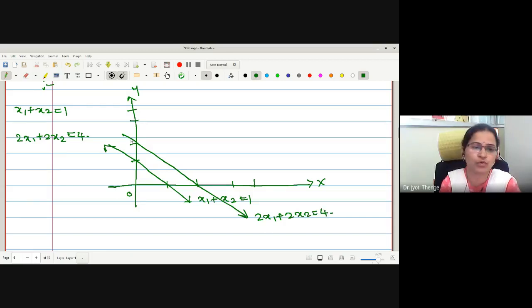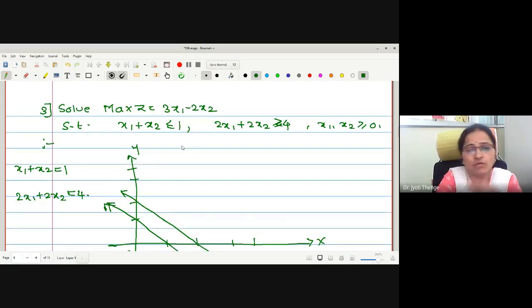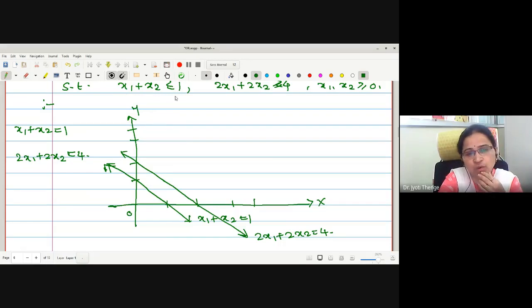Now, what will be the common region of both the inequalities? For the first equation, the inequality is less or equal, meaning the region should be considered below the line. And for the second inequality, that inequality is of greater or equal type.